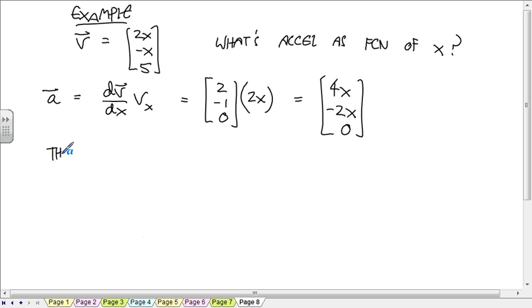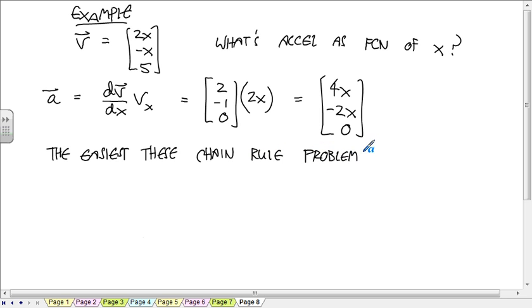So the easiest these chain rule problems can be is when you're given the velocity vector.